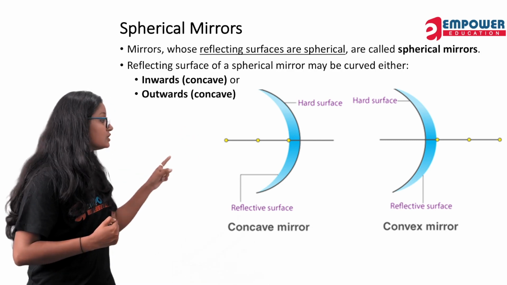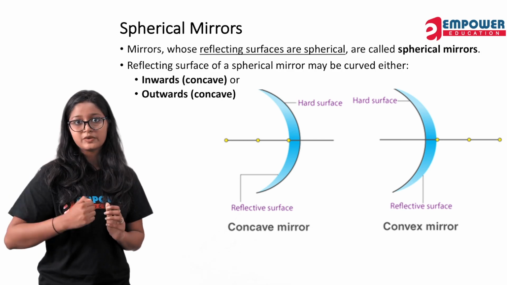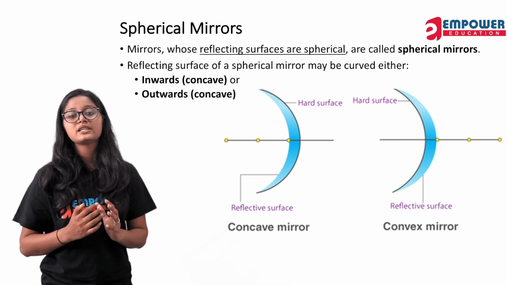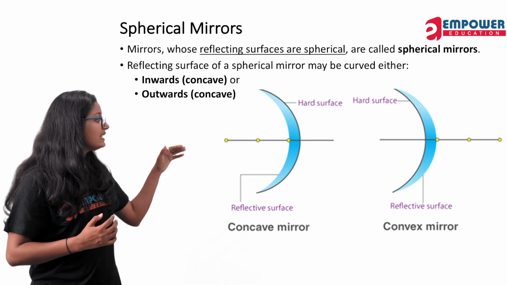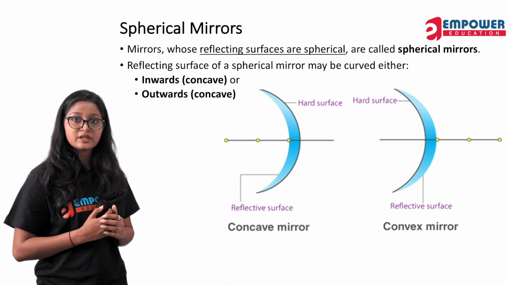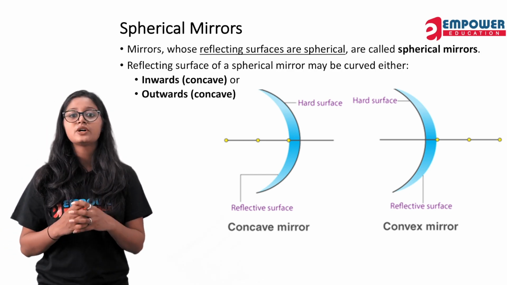You see it is bulging outwards. So this bulge of the convex mirror is the reflecting surface of the convex mirror. And you see the interior part of the convex mirror is blue in color, which is the non-reflecting surface of the convex mirror.